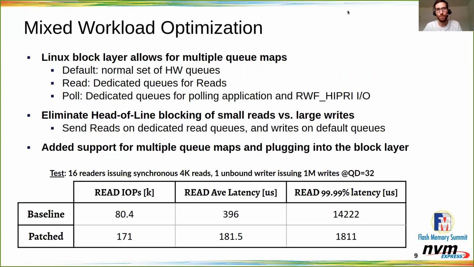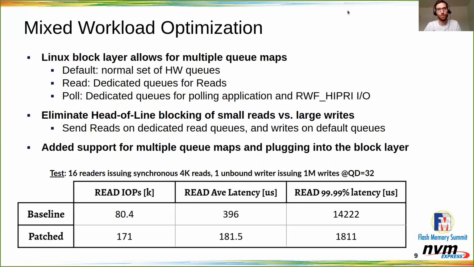Then we have a dedicated queue map just for read IO, such that reads will have a dedicated set of queues associated with that, and the rest will go to the default queue map. And then a third one is the poll queue map. Usually, when the application signals through a flag, a high priority IO flag, to the kernel that it's interested in a high priority IO command, it will be directed to the poll queue map. And this poll queue map is actually designed to host latency sensitive IOs.